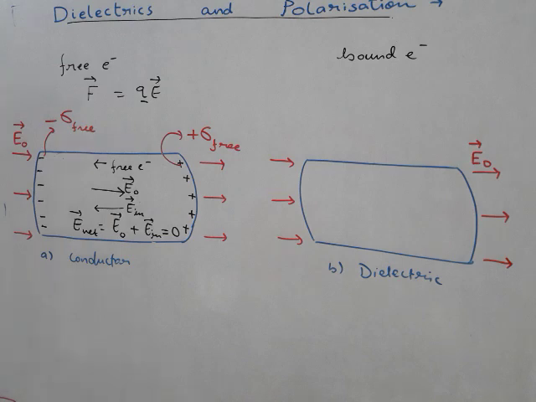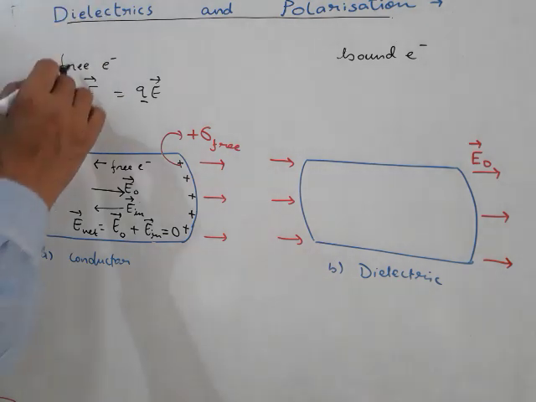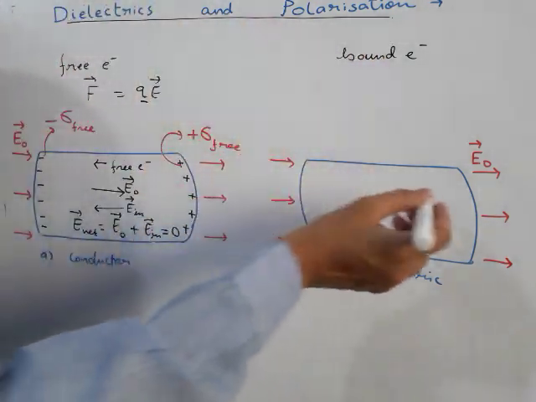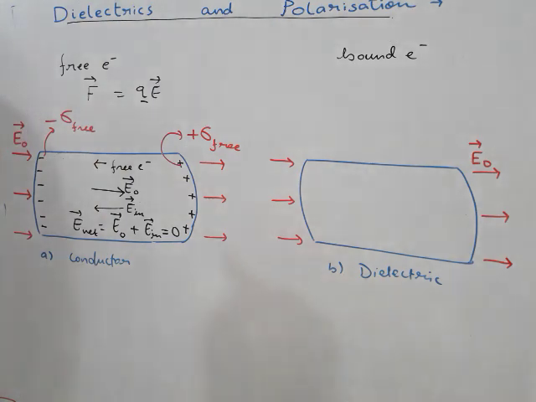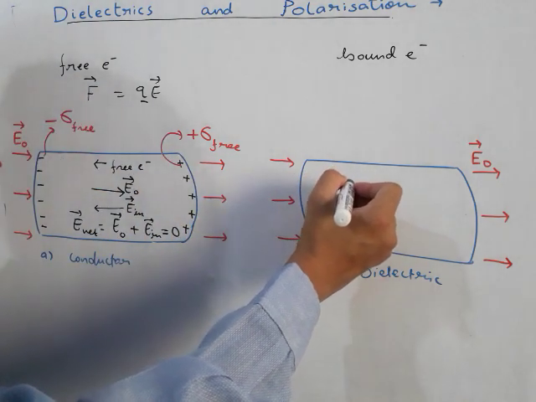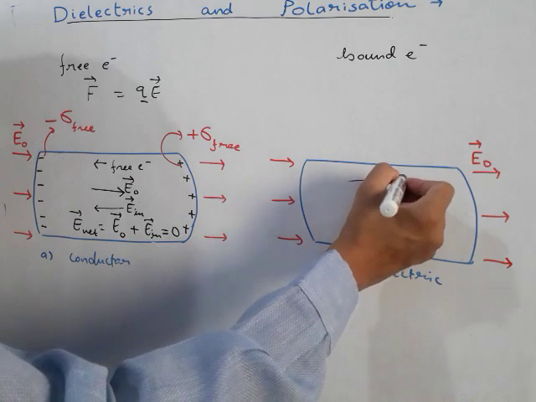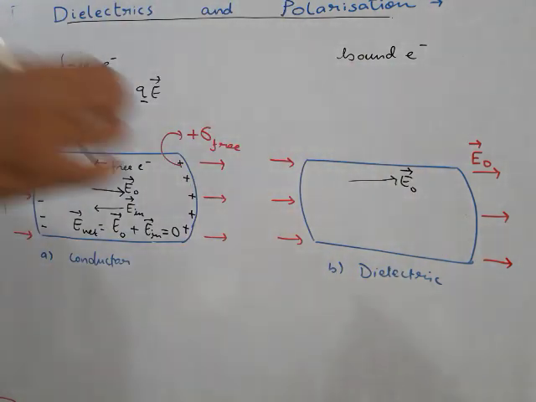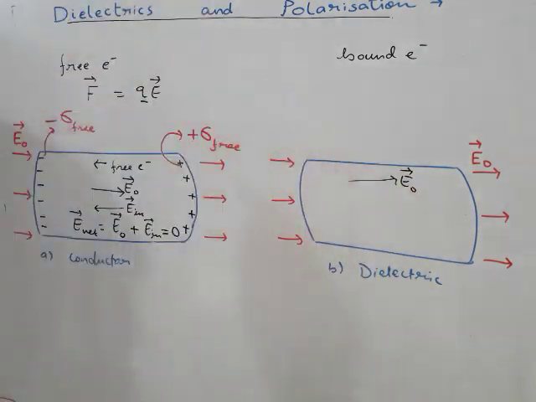As in case of dielectrics, we don't have free electrons, we have only bound electrons, so it's not possible that electrons will move from one end to the other end. So this is the external field, which we have written as E naught vector. Now this dielectric is made up of molecules.